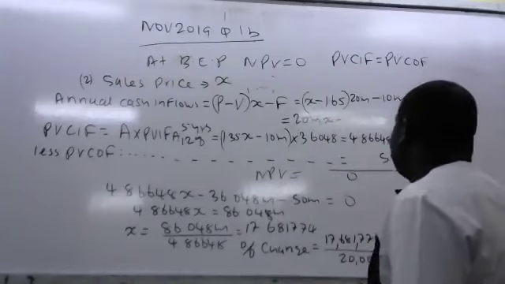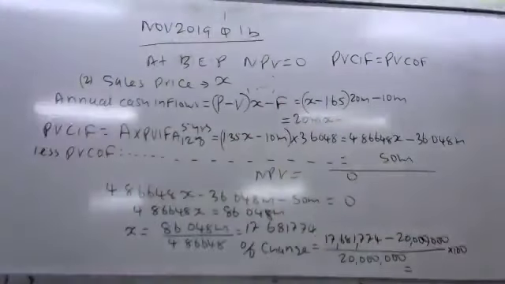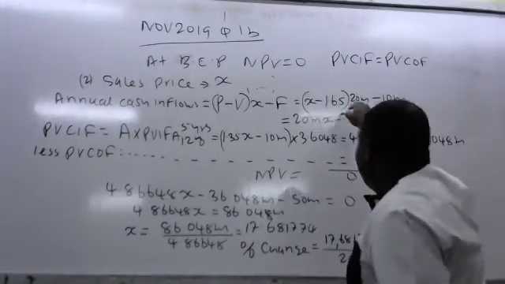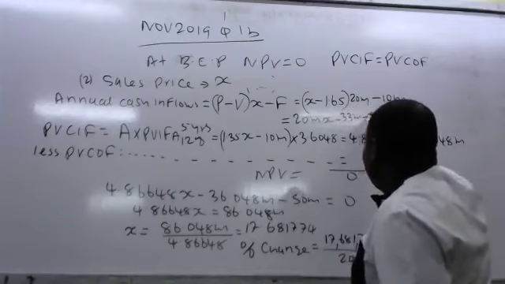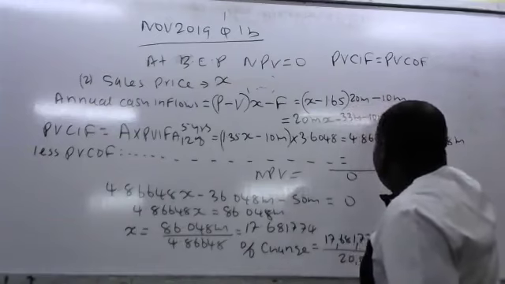It should give us 33 millions. So it will be 33 millions minus 10 millions.